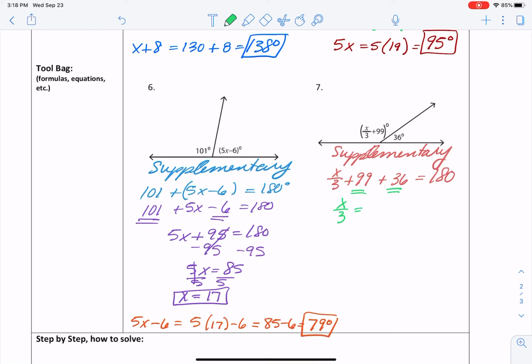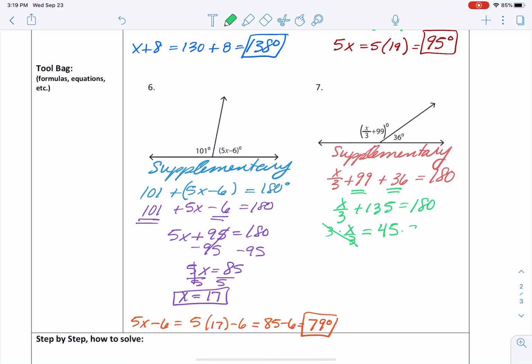equals 180. So then I get x divided by 3 equals 45.